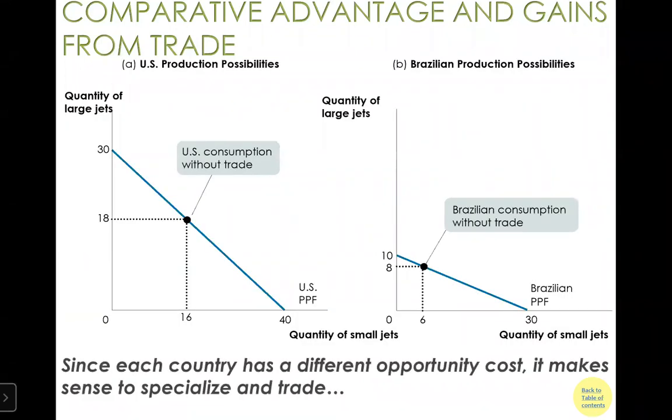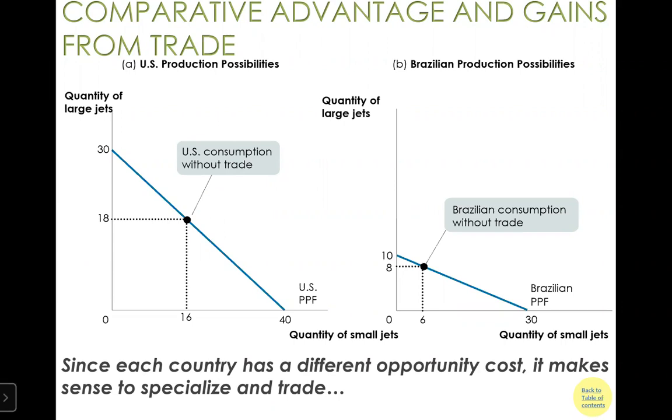All right, so now we move to the next question. How does comparative advantage bring us gains from trade? Or in other words, why can trade help us to benefit from each other?